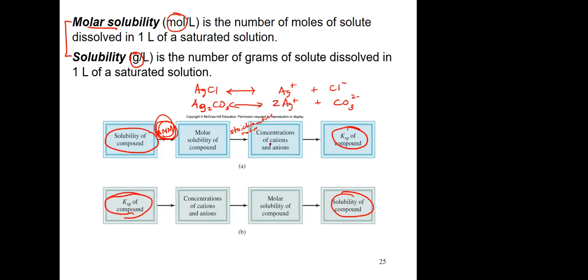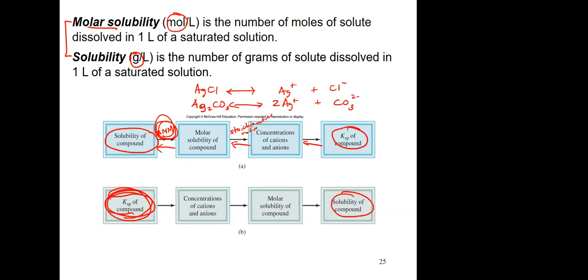So that's what it means here. And once you have the concentration of the cations and the anions, you can get the KSP. Now, if it's the KSP that is given, it's just this one going the other way. You look at the concentration of the cations and the anions, and from that you get the molar solubility of the compound and then the solubility of the compound.